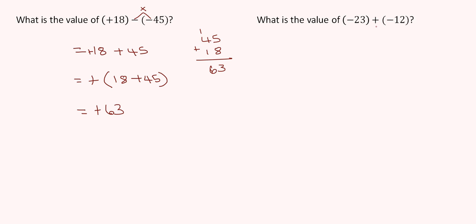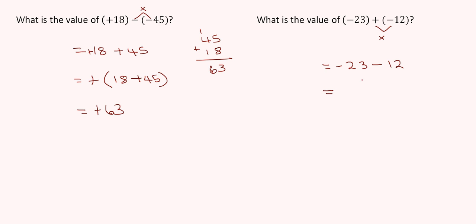And here we have a plus and a minus, so we're going to change this to a multiplication. Plus, parenthesis, minus, so that's going to be a multiplication. And we're going to have minus 23 plus multiplied by minus, or positive multiplied by negative. We always end up with negative 12.